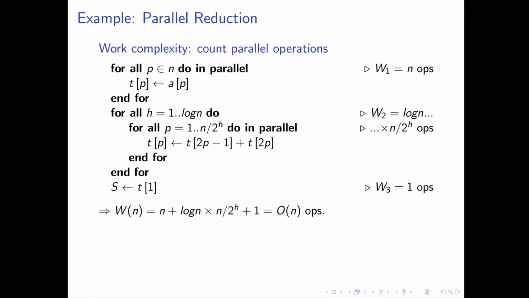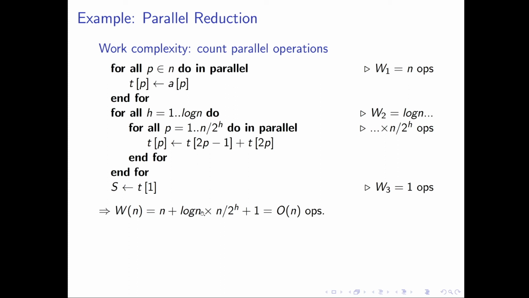When you do the math, you will find that over those log n time steps, where each time you halve the number of operations, overall you perform n operations. And then in the end we have another operation, and that way we find out that our for loop has a work complexity of n.